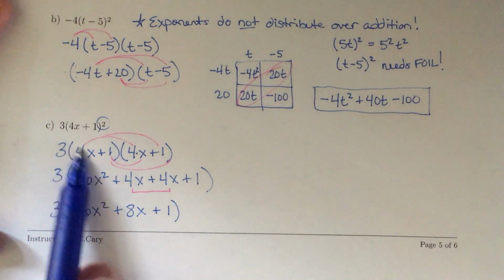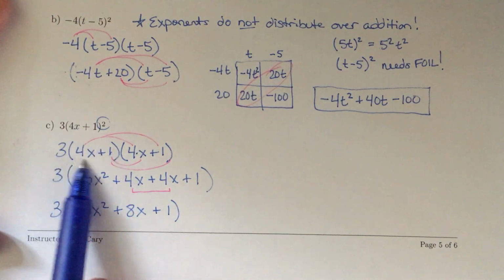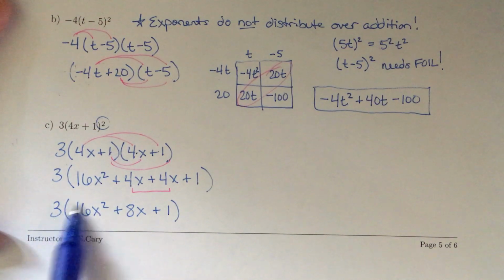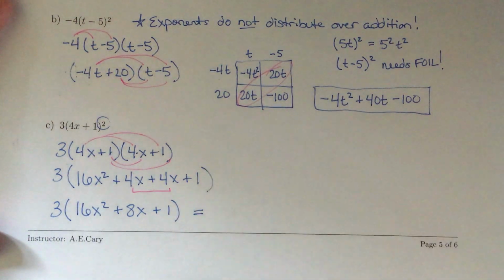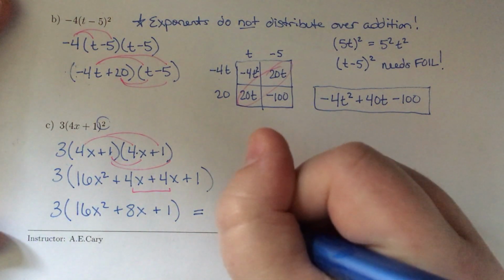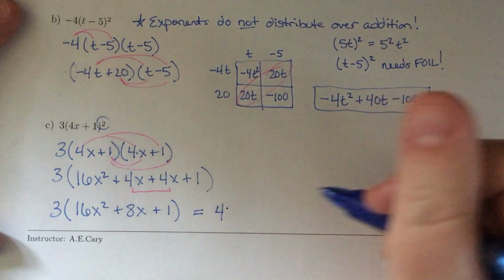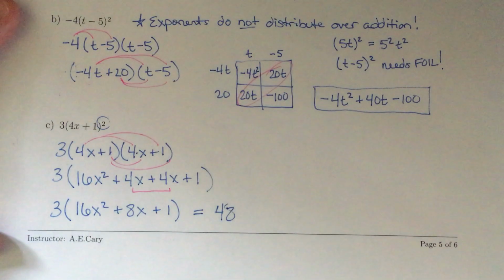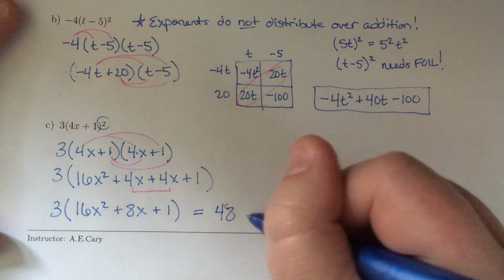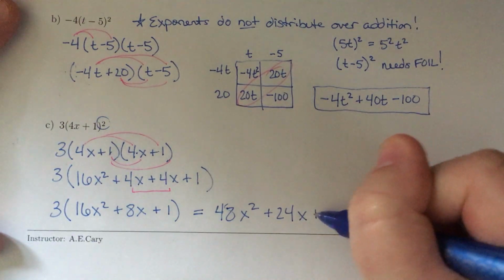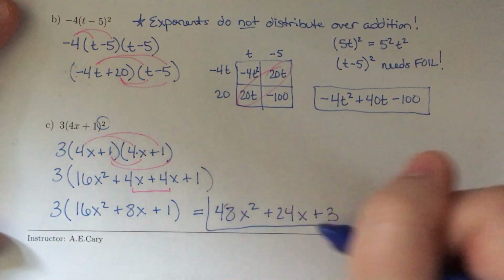And that's why for some people, they just prefer to multiply the 3 by one of these factors at the beginning, because sometimes it's easy to forget to do it at the end. 3 times 16, I think is 48, I'm going to say. I'm feeling confident with that. 48x squared plus 24x plus 3, and that would be the final answer.